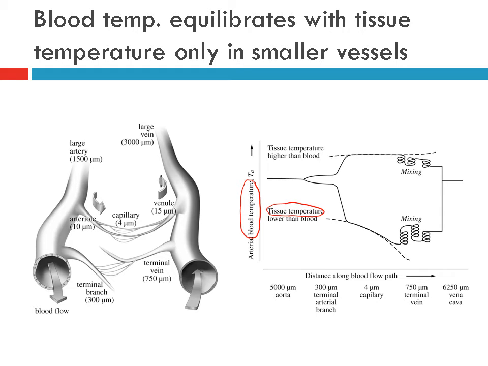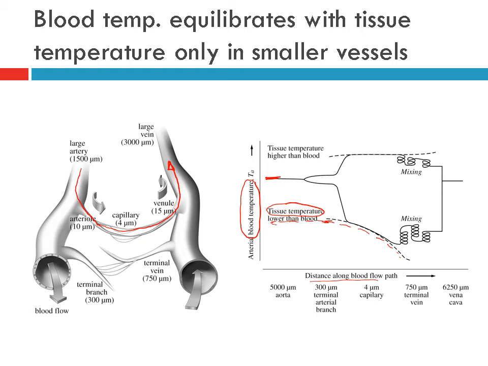So suppose we have a situation where the tissue temperature is lower than the blood. The x-axis is distance along flow path, meaning this distance. Okay, so it's this distance that we are talking about. So let's say the tissue is colder than the blood. So the blood starts here and the tissue is here. Okay.